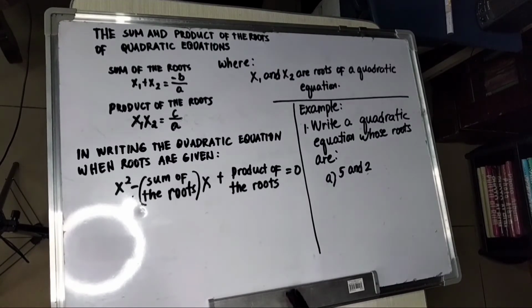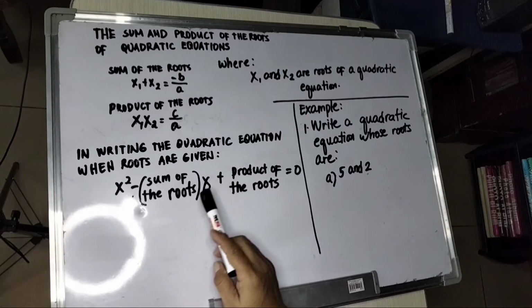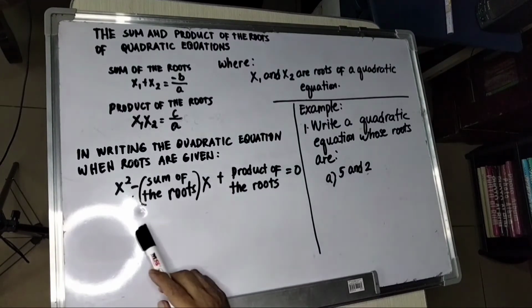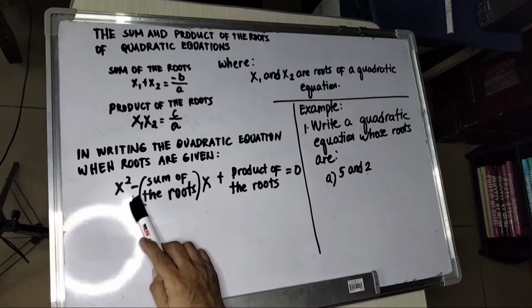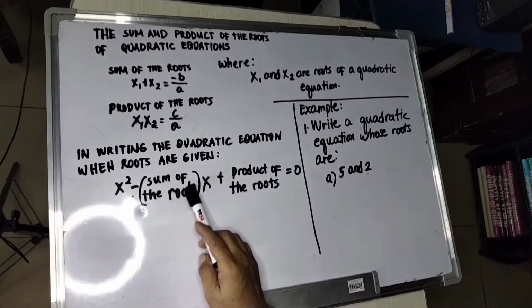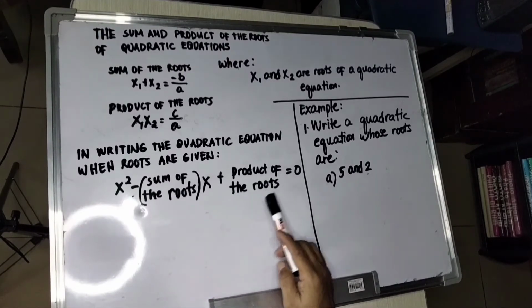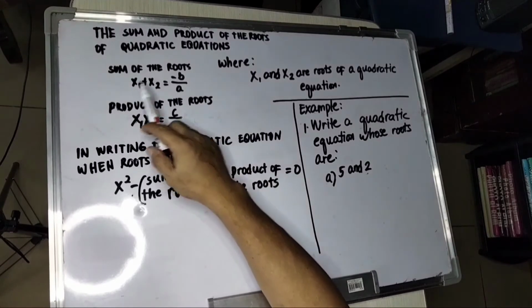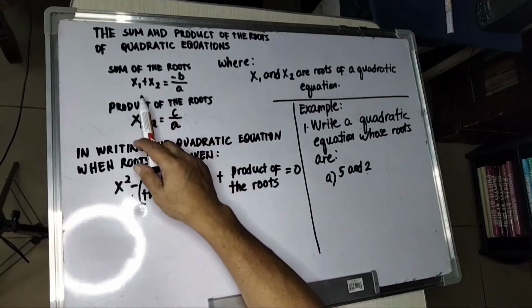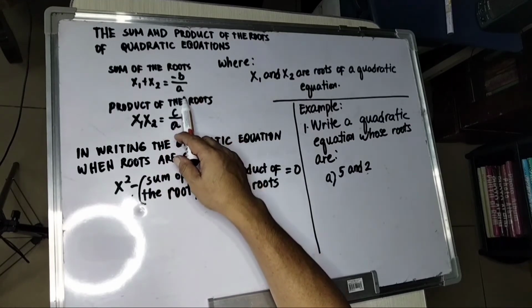This time, we are going to write the quadratic equation when roots are given. And this is the format: x squared minus the sum of the roots times x plus the product of the roots equals 0. Still, we will use the sum of the roots, which is x sub 1 plus x sub 2 equals negative b over a.